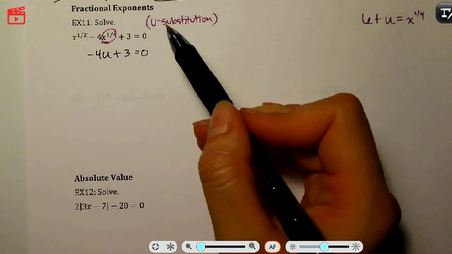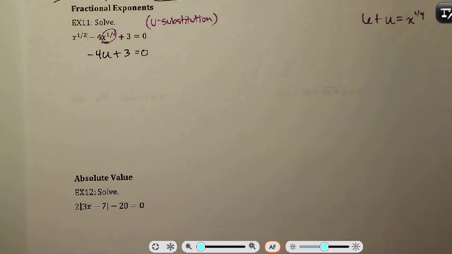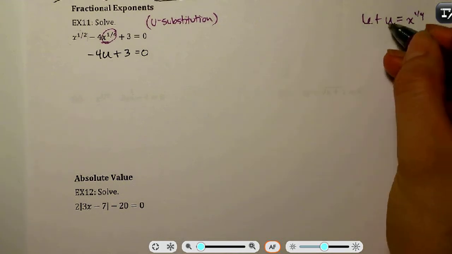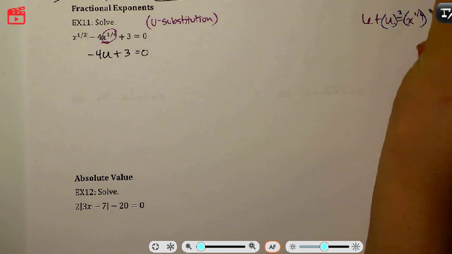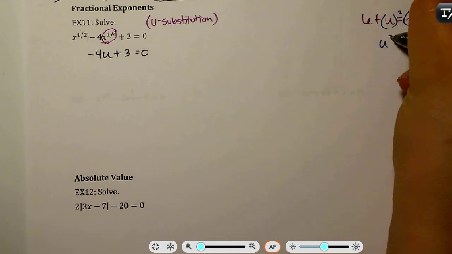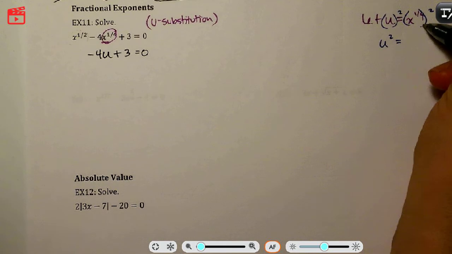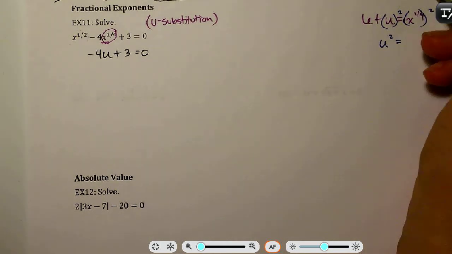Well, x to the half power, what is that? If I was to take a look at this equation and square both sides, I would get u squared equals, okay, we have the power rule here, so it's going to be a half times 2.